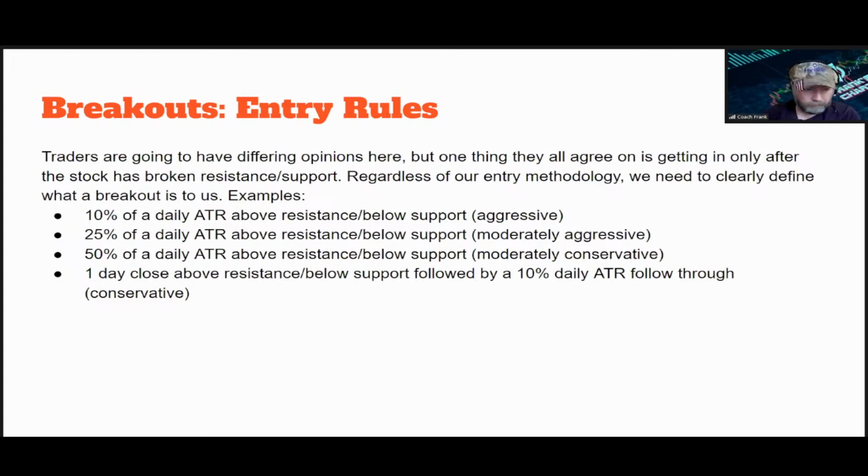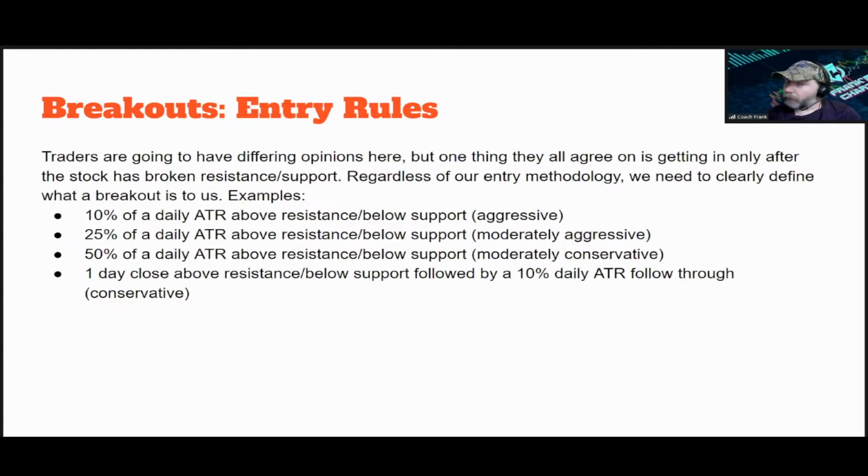Let's close above that $50 level. Then let's build our trade above that closing candlestick's high by, again, 10% of an ATR, 25% of an ATR, whatever your individual rule might be. That's going to give us, in my opinion, at least, much better confirmation. A close is much stronger, in my humble opinion, than a breach of resistance or support. It always has been, and I believe that it always will be.